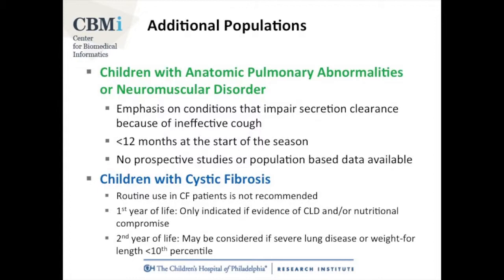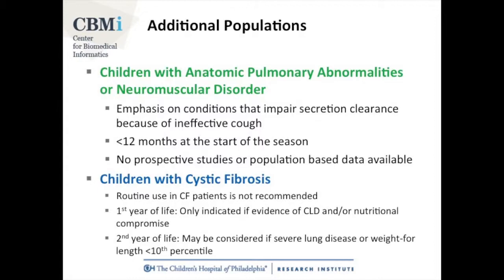And then looking at children with cystic fibrosis, one of the differences between the 2014 versus the 2009 guidelines is they had much more specific criteria in the 2014 guidelines around this population. So they said that routine use in all CF patients under the age of 2 is not recommended. But in the first year of life, it's only indicated if there's evidence of significant chronic lung disease and/or nutritional compromise in those CF patients.